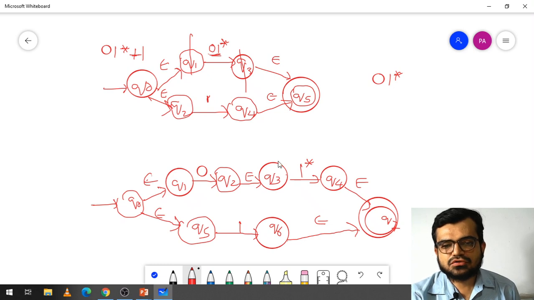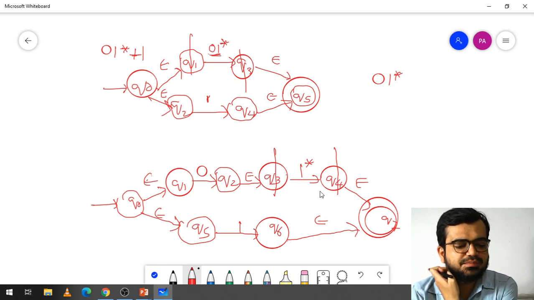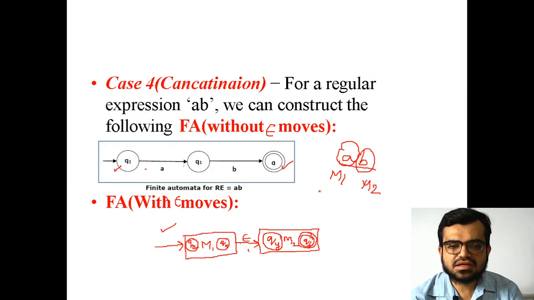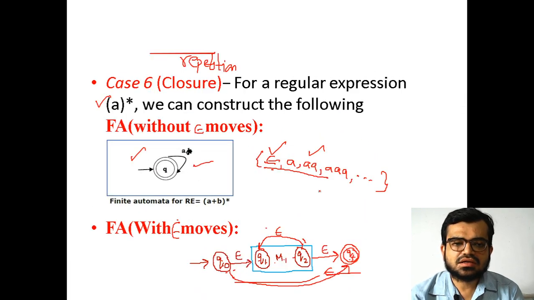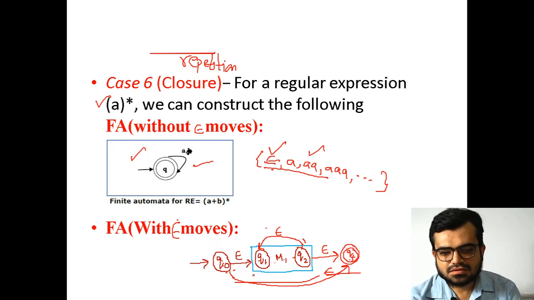So now what we need to expand here is this part, 1 closure. That means repetition. So repetition also I told you, right? How will that repetition be? In this way. Okay, repetition means closure. So this is how with epsilon moves we have to move in this way. If you see this one, you will get an idea.